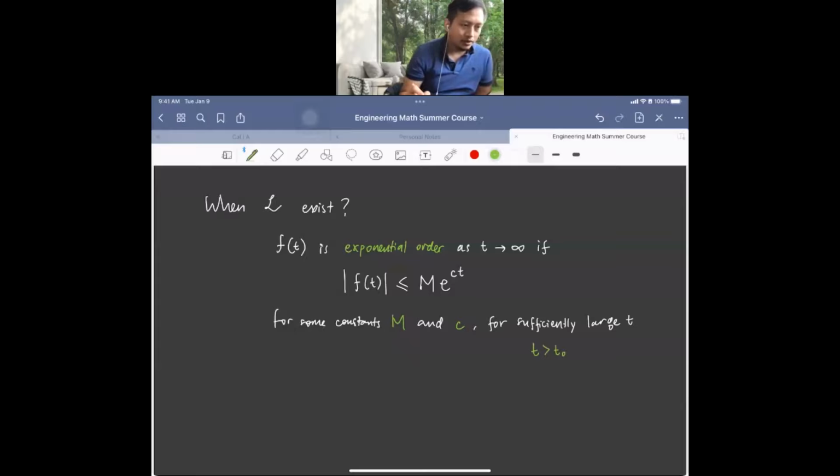Let's say t is greater than t naught for some t naught.